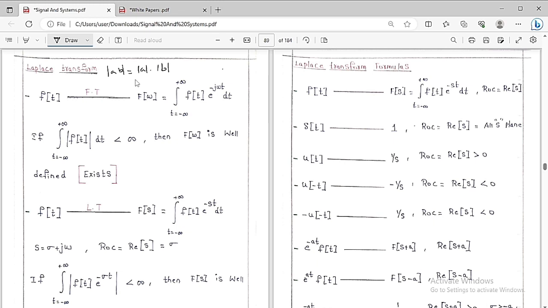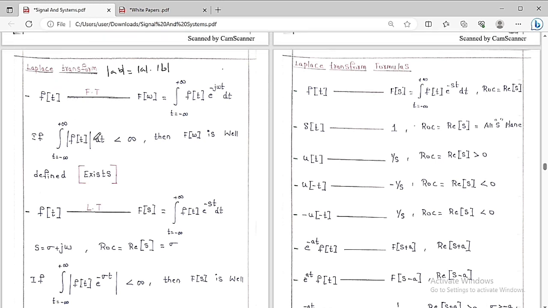So the magnitude of f of t into e to the power of minus j omega t is the magnitude of f of t into the magnitude of e to the power of minus j omega t. And the magnitude of e to the power of minus j omega t is 1, because I have already told you the magnitude of e to the power of j theta is equal to 1. So based on this, what happens here? The magnitude of f of t into e to the power of minus j omega t is equal to the magnitude of f of t. That is the reason I have kept the magnitude of f of t here.